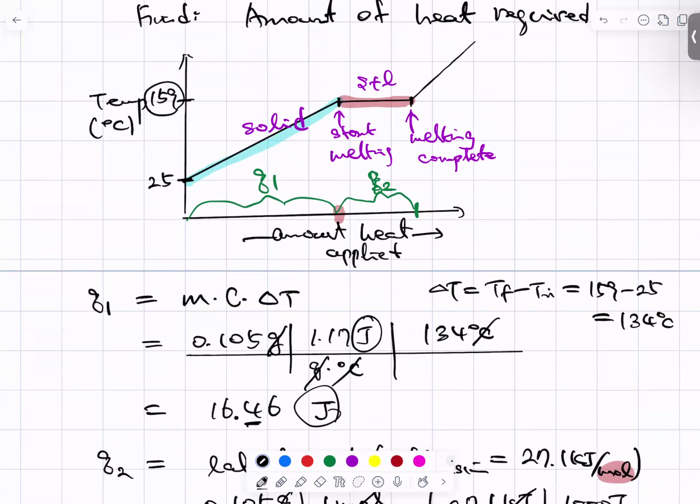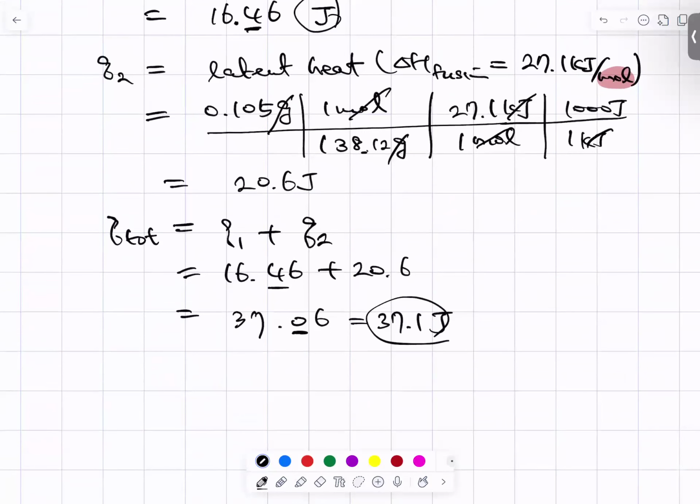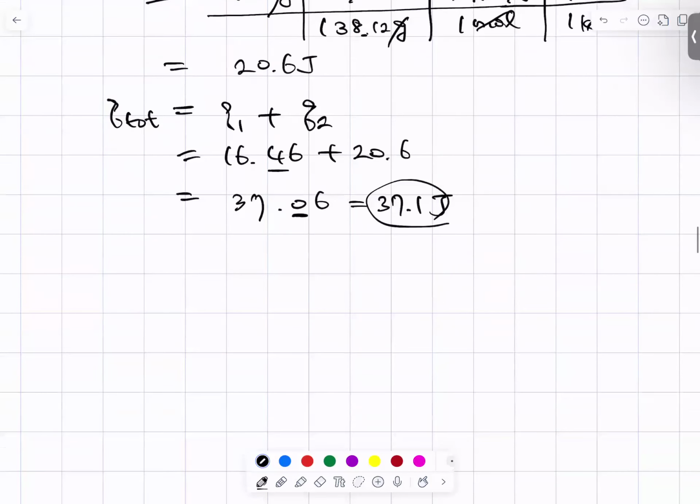We cannot use the equation Q equals mcΔT. Instead, we have to use the latent heat, which is the heat of fusion in this case, 27.1 kilojoules per mole, and then add up. So raise the temperature of the solid to the melting point of 159, and then from the melting point we melt it. Okay, now let's move on to the next problem.